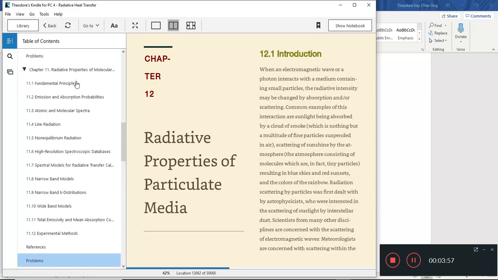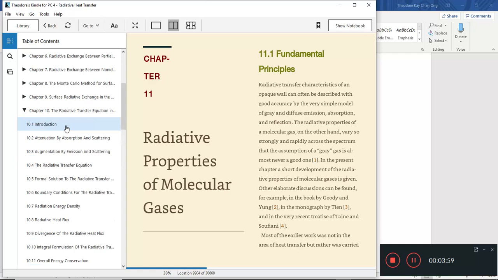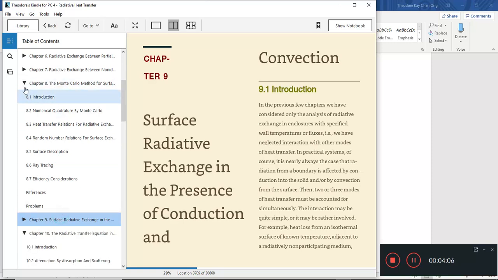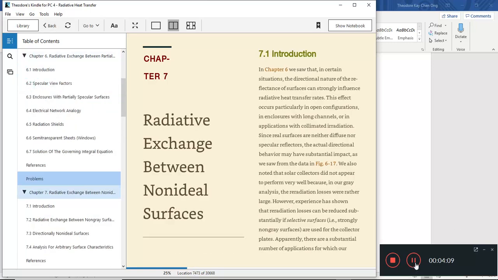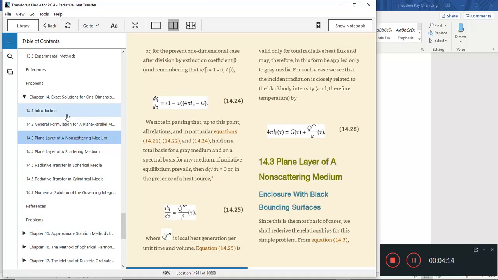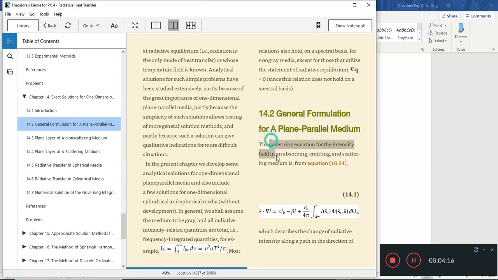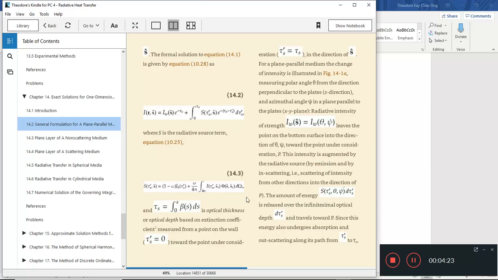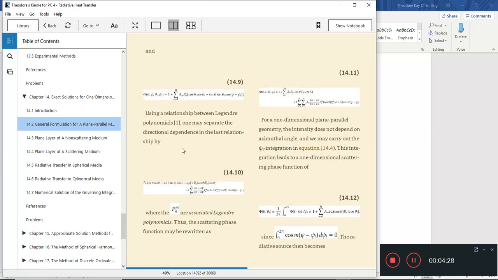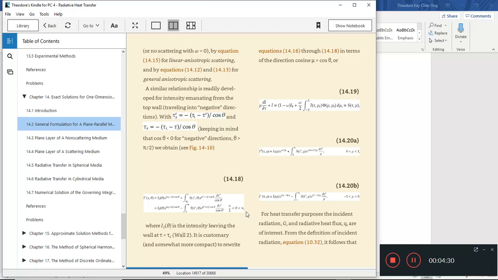Chapter 14 is a general formulation for a plane parallel medium. This is one of the first analytical solutions we are looking at. You can see pretty quickly it's going to get pretty complicated, with many symbols and what have you.